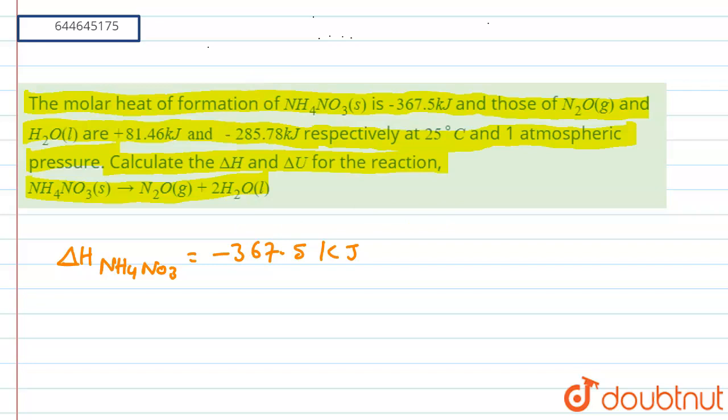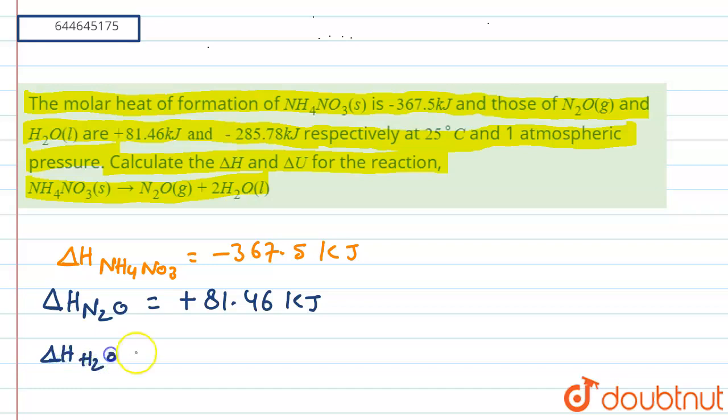Now, delta H of N2O, we have a value of plus 81.46 kilojoule. Now, delta H for H2O, we have a value of minus 285.78 kilojoule.